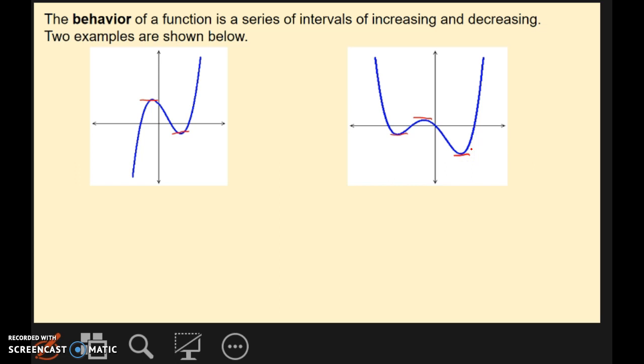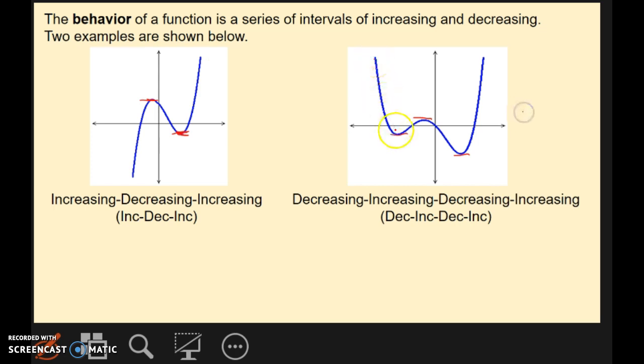So we have basically little areas where things flatten out and change direction. This particular graph increases, hits that flat spot, then decreases, hits another flat spot, and then increases again. This one will decrease to increase, decrease again, and then increase at the end there.